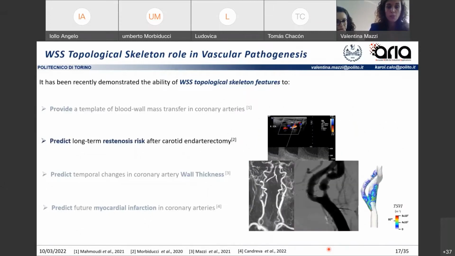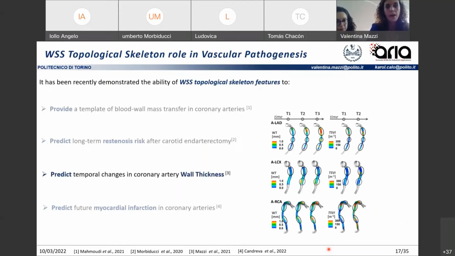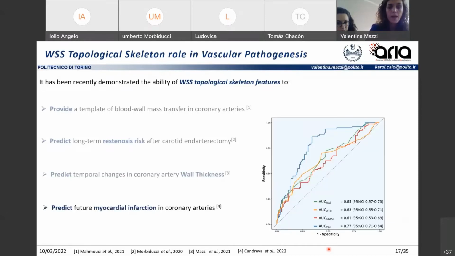That it predicts long-term restenosis risk after surgery in carotid bifurcation, the ability to predict the temporal changes in coronary arteries wall thickness in an atherosclerotic follow-up study, and moreover, the ability to predict future myocardial infarction in coronary artery.